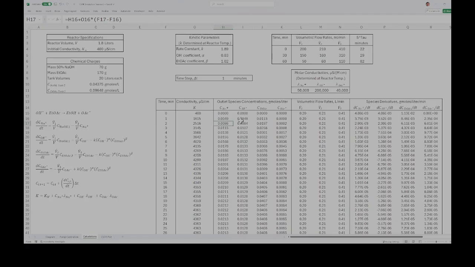My hydroxide ion, same calculation. It's going to be equal to the previous value plus the derivative times the difference in time.